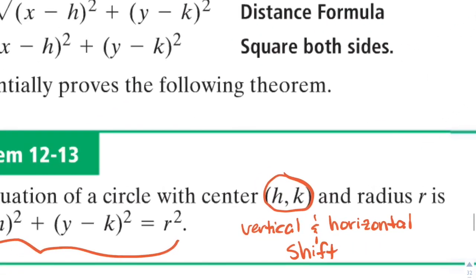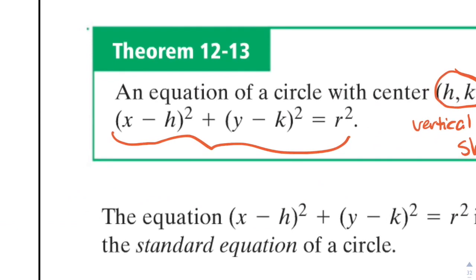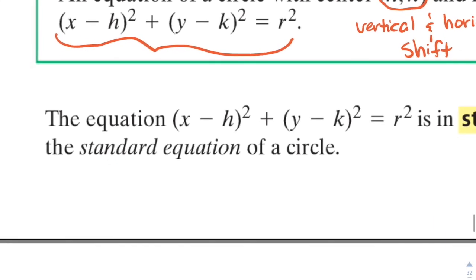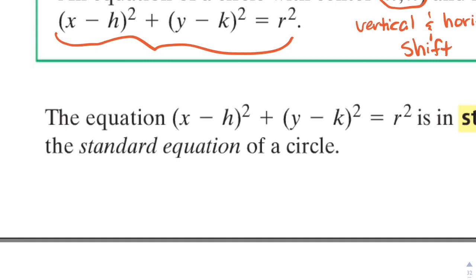What we need to be careful that we do is always find the difference between x and h, and y and k as well. So what that means is, let's say my center is 3 and -5, and my radius is 4.